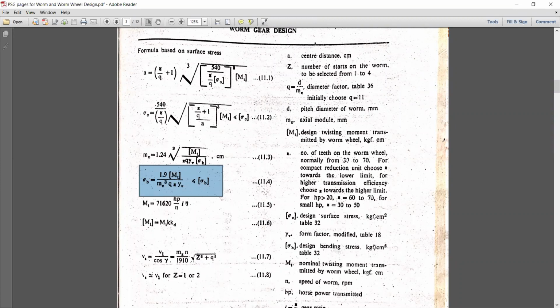See, sigma b, or you can say induced bending stress, is equal to 1.9 design Mt divided by mx qz into Yv.